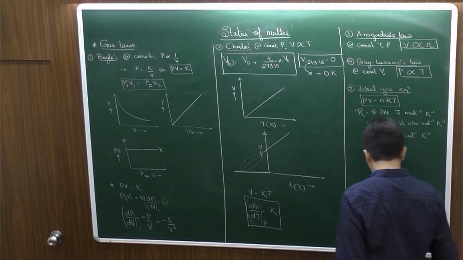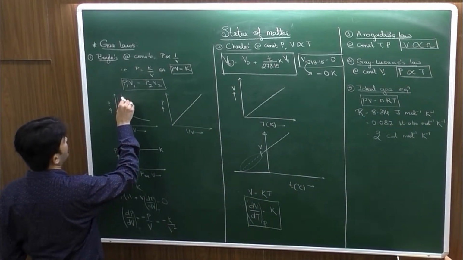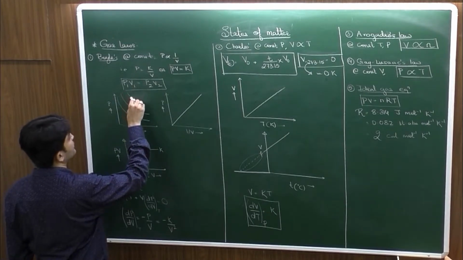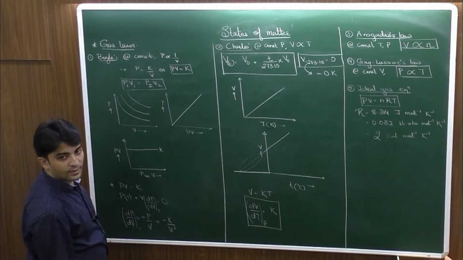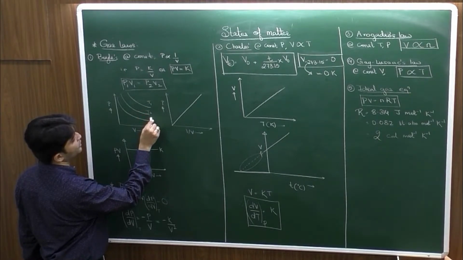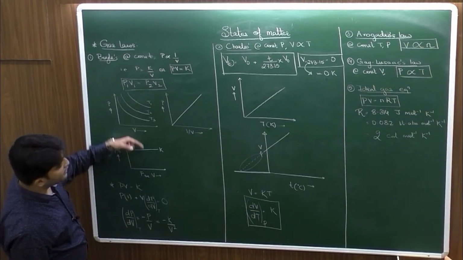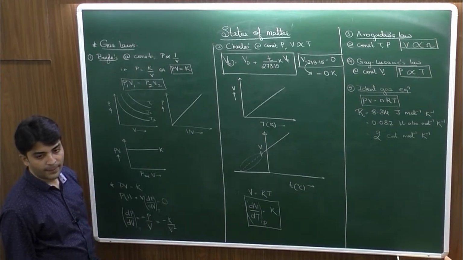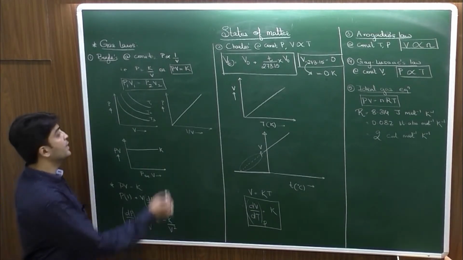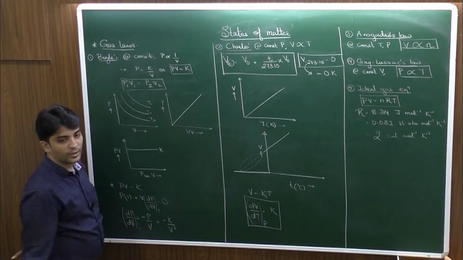Suppose in Boyle's law this graph is given and there are 3 curves at different temperatures T1, T2 and T3. You are asked to compare the relation between T1, T2, T3. Meaning, is T1 a lower temperature or is T3 a lower temperature?